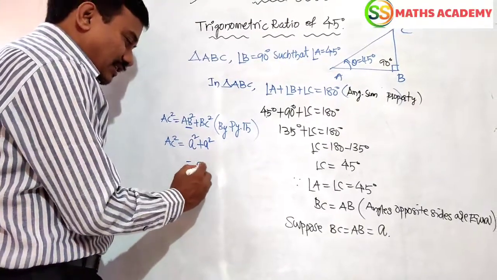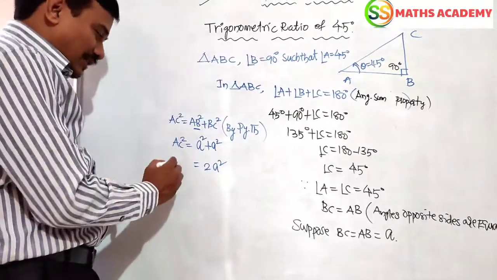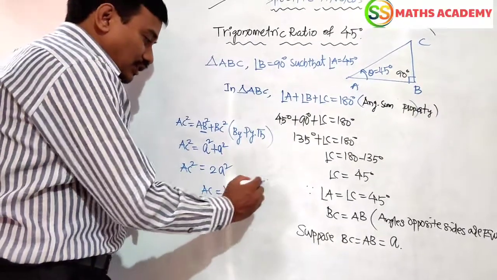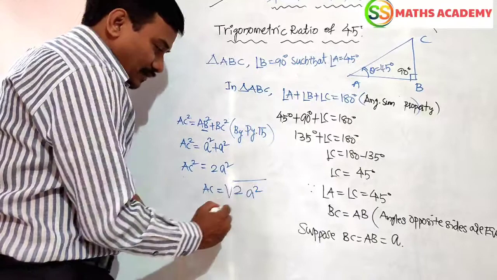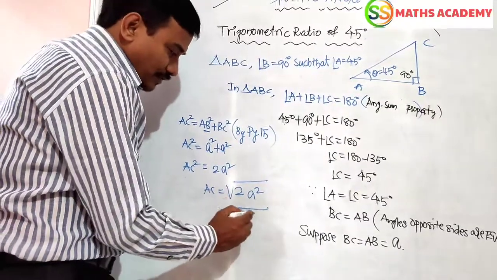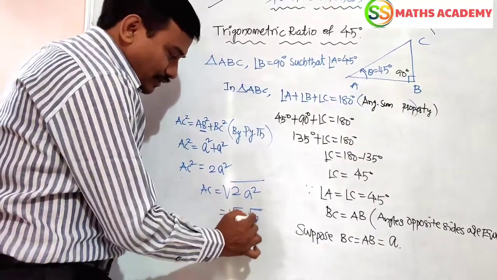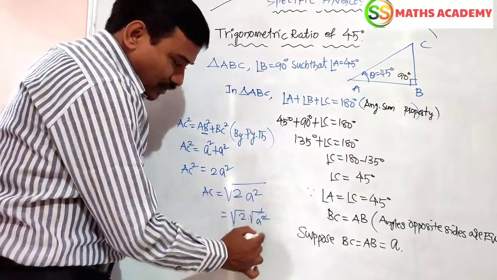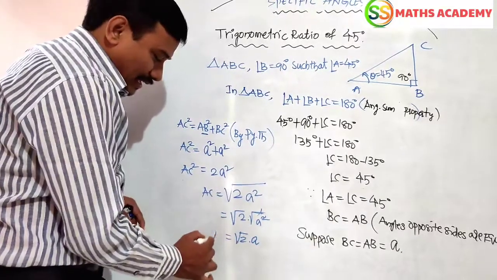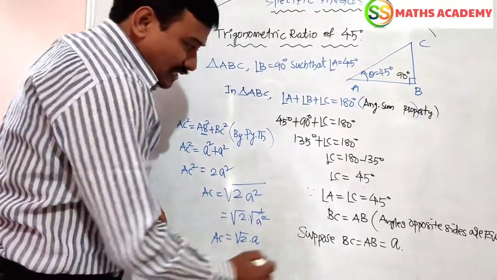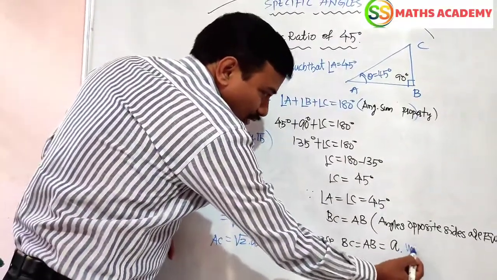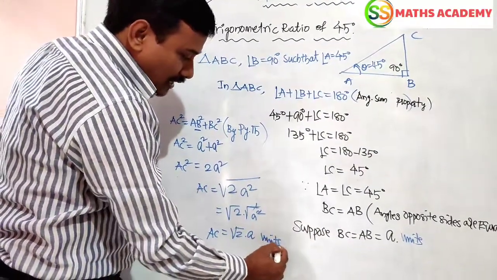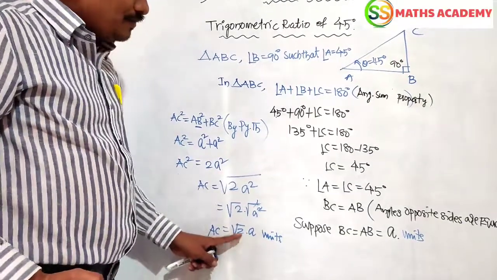Now we get a square plus a square, 2a square. So AC square equals 2a square. AC equals square root of 2a square. Separate the root terms: root 2 as is, the square root cancels, and we get root 2 a. AC equals root 2 a units, and AB equals BC equals a units. Dear viewers, now the hypotenuse AC also is root 2 a units.